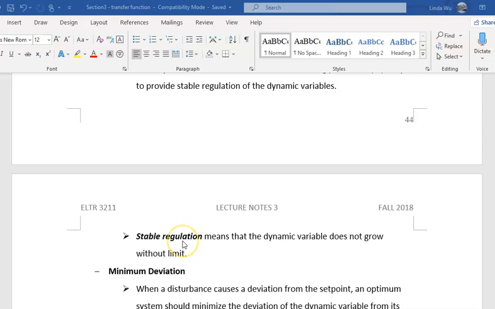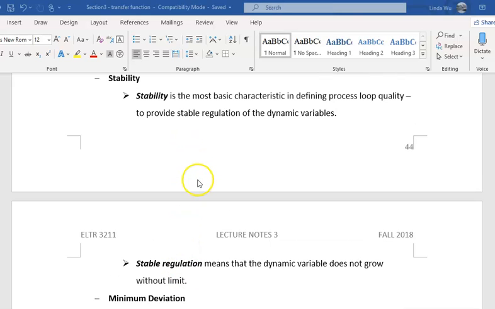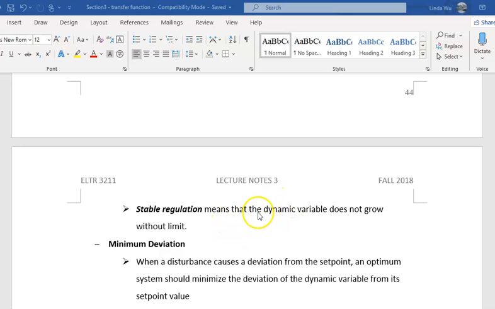We want the system response to finally go to stable values. Sometimes it can oscillate without a limit, and then the system is not considered stable.